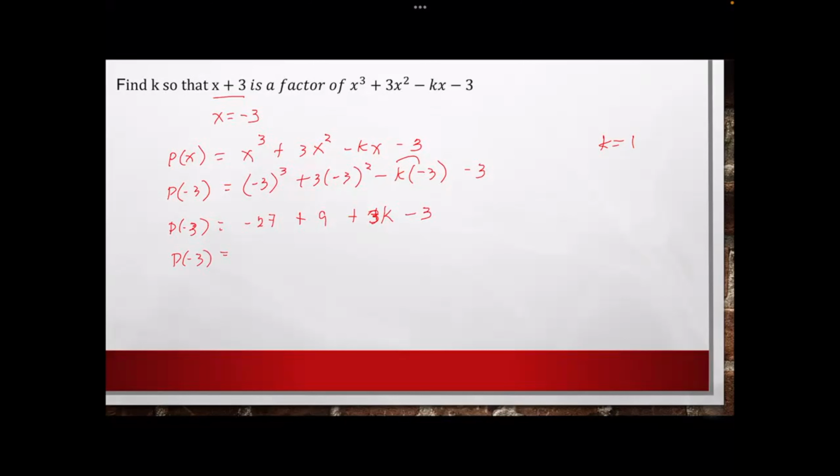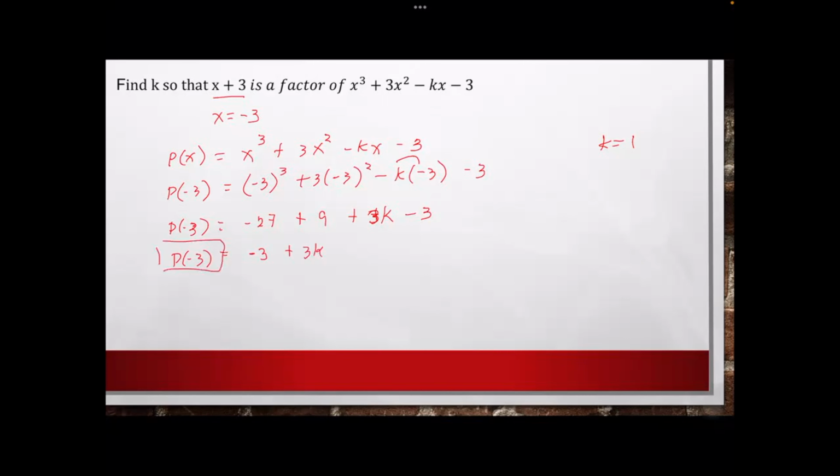So, magkakaroon tayo na negative 27 plus 9 minus 3. The answer will be negative 21. Product. So, magkakaroon tayo na negative 21 tapos plus 3k.